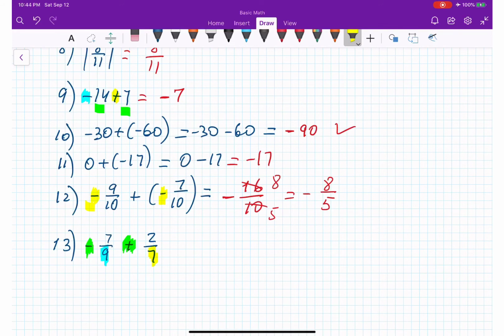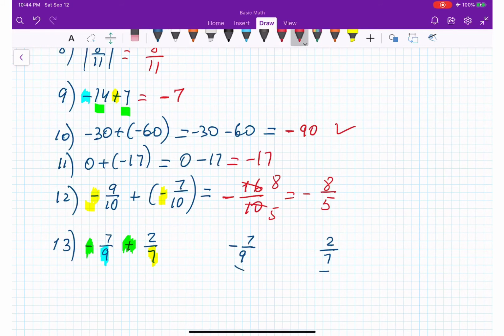All right. So 9 and 7. 9 times 7 is going to be 63. So let me bring to the common denominator. So I have negative 7 over 9, and I have positive 2 over 7, bringing both of them to 63.